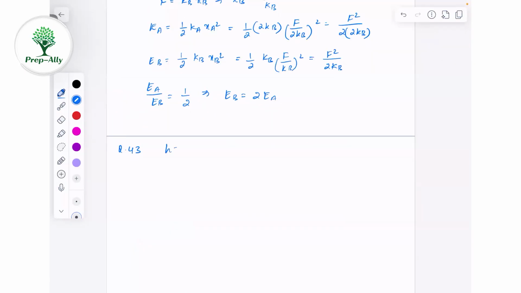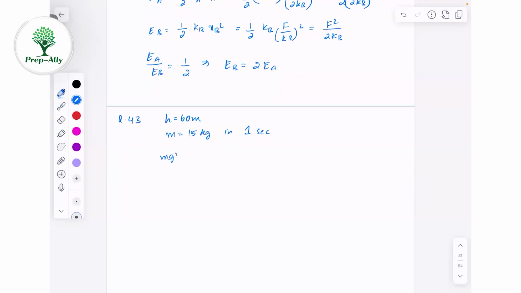So the height is 60 meter and it is 15 kg in 1 second. So here the loss in potential energy is what is energy gained by turbine.